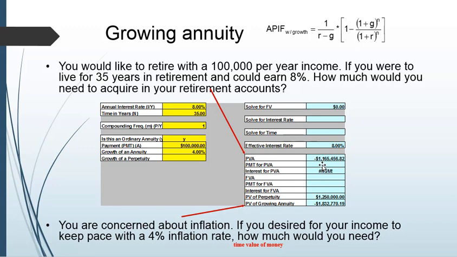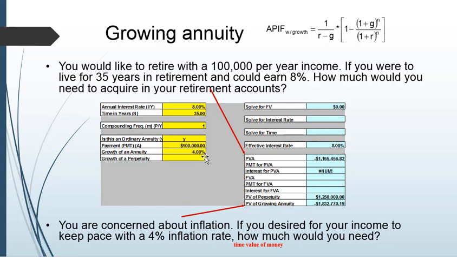And that's fine, except you're going to live for 35 years. You're worried about inflation. So this table allows us to insert the growth of an annuity. We want this $100,000 to grow by 4% per year.